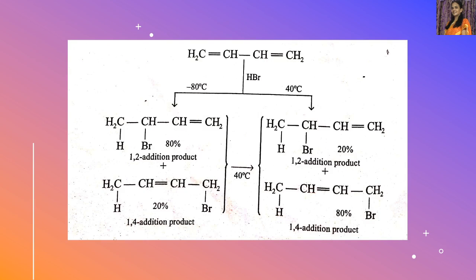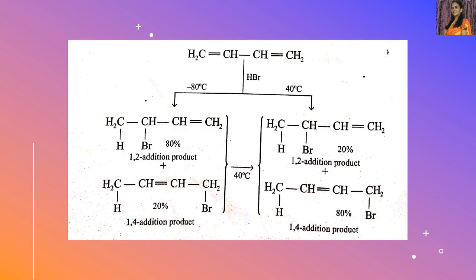Next, 20% of 1,4 addition: H goes to this carbon, Br goes to this carbon and the double bond shifts. So this is the minor product, and this is the major product. 1,2 addition is major and 1,4 addition is minor at minus 80 degrees centigrade, that is at low temperature.